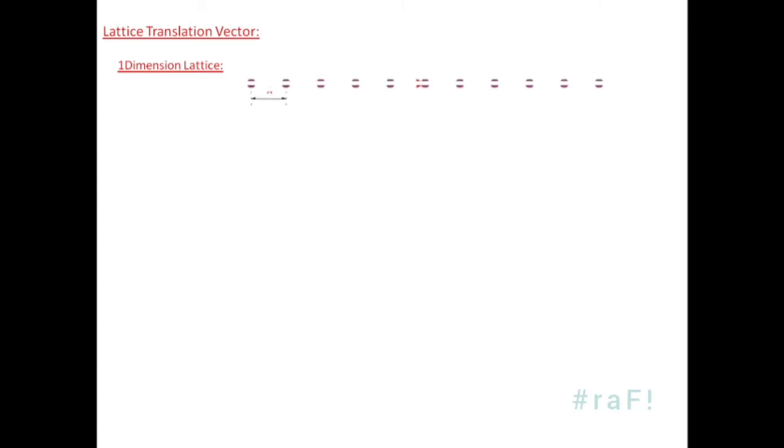See here, these dots we call lattice points, and they are linearly arranged. So this one we call one-dimension lattice, and here a represents the distance between one lattice point and the next, and this one we call translation.